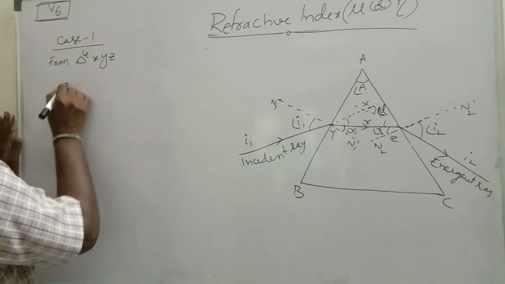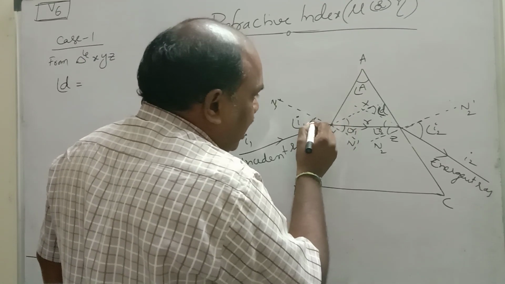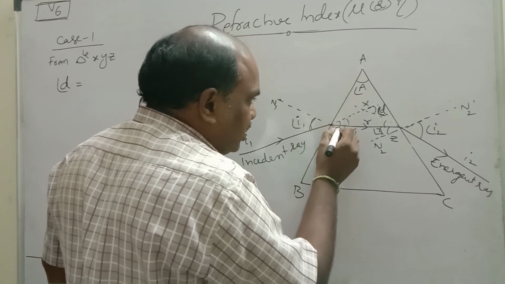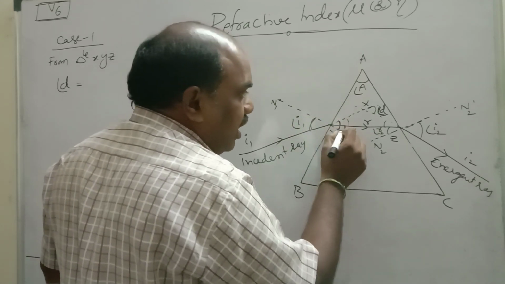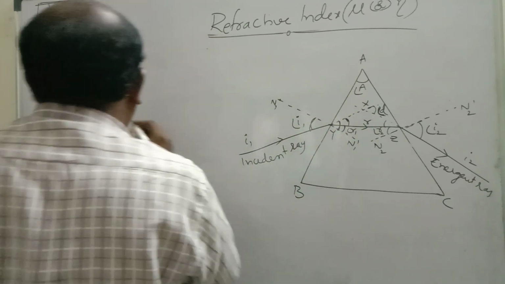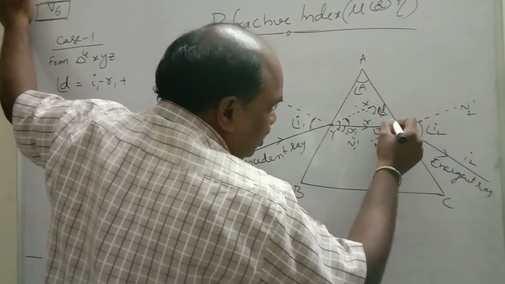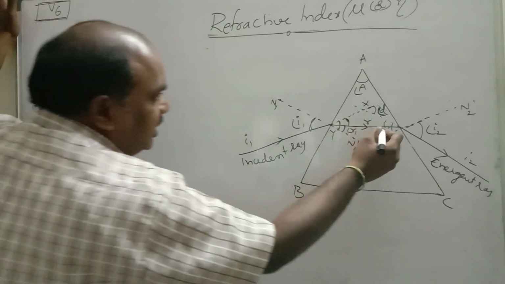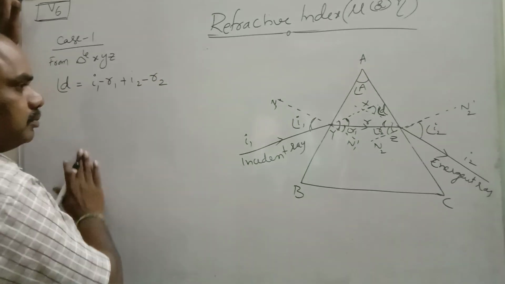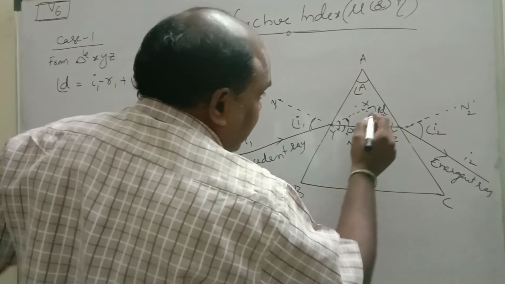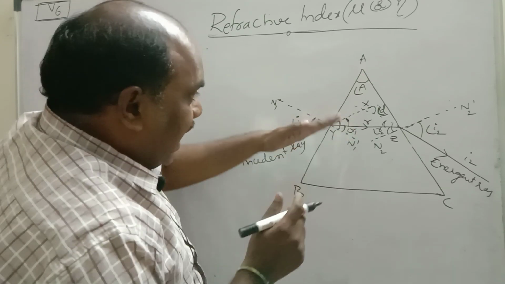If this is I1, this is also I1, opposite angles. This is R1. I want only this part, so I1 minus R1, plus, if it is I2, this total angle is also I2. I want only this one, so I2 minus R2.